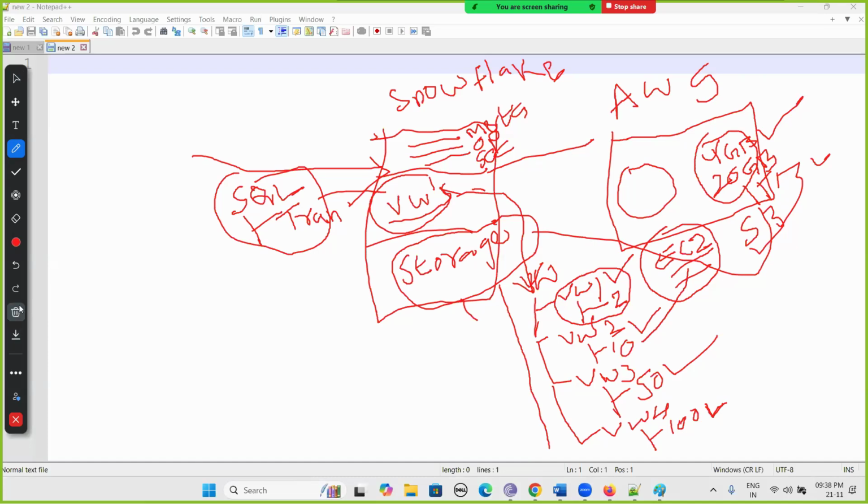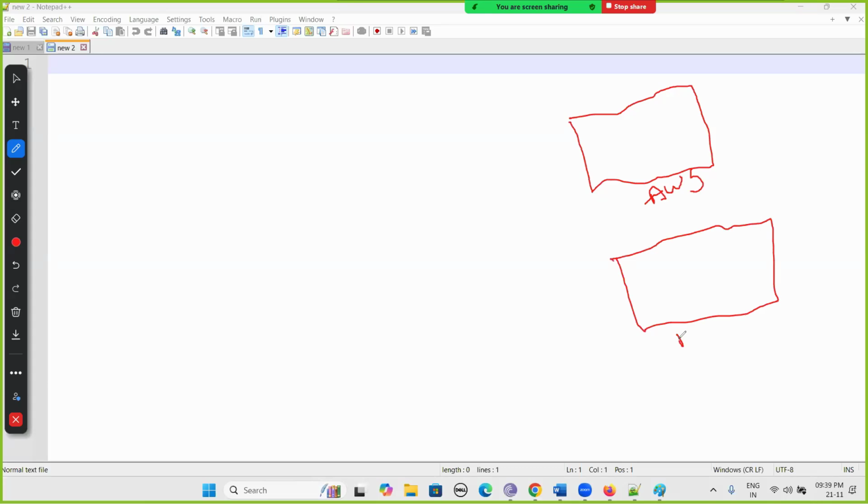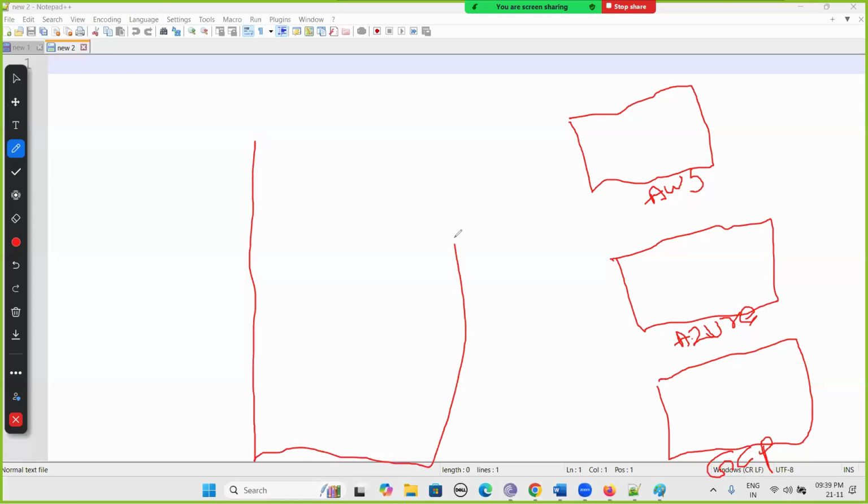Let me clear this up. Let's say this is my AWS, and Azure, and this is GCP Cloud. So here we are using Snowflake.